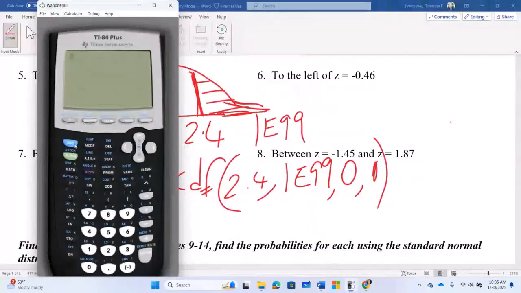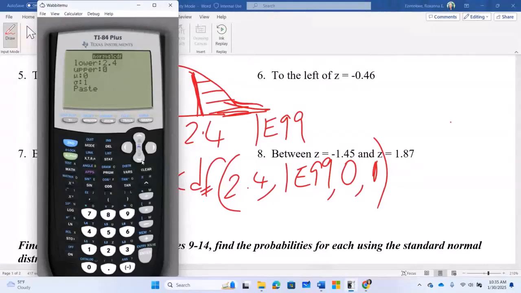So second distribution, and I'm in number 2 now. The number is 2.4 because 2.4 is smaller than positive infinity, and the upper bound is positive infinity.